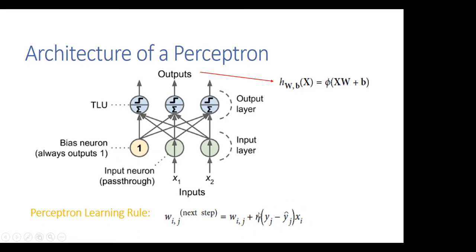And this is the learning rate, and this Y is the target label of the output neuron, and this is the predicted value of the output neuron, called Y hat, and X is again the input.